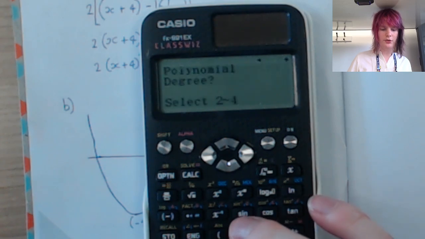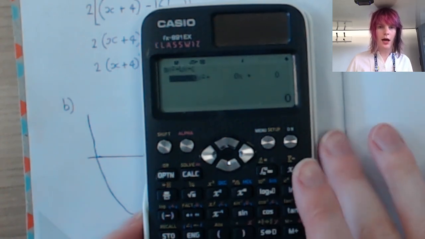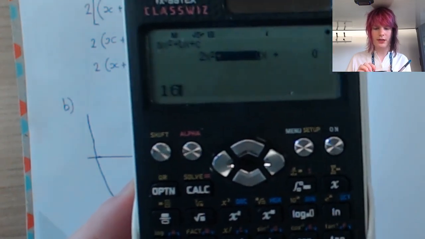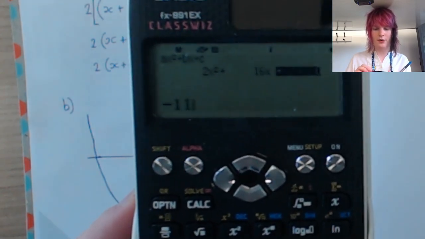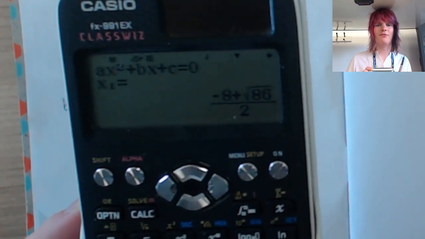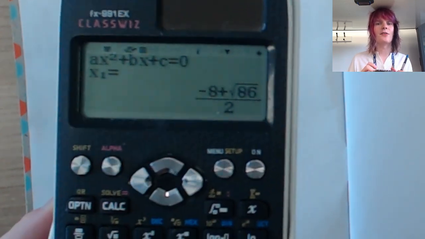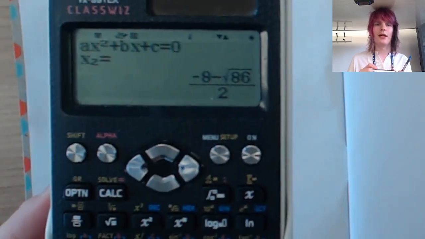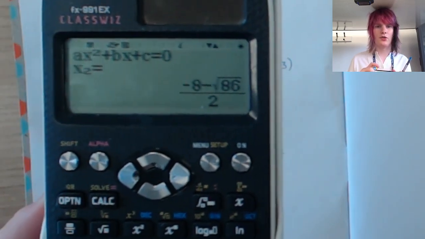We'll put in a polynomial of degree 2, and we're going to put in 2, 16, and -11. And there it tells us, oh, look at that, that's a real nasty number, isn't it? (-8 plus root 86) divided by 2, and then (-8 minus root 86) over 2.